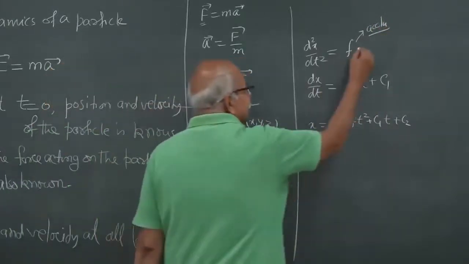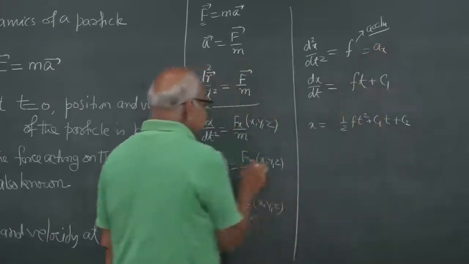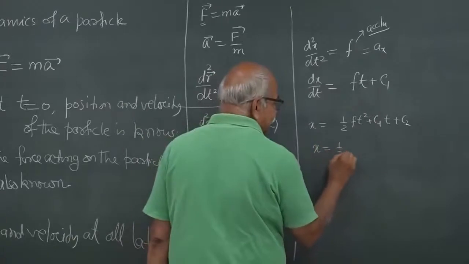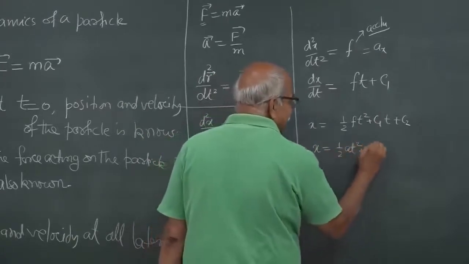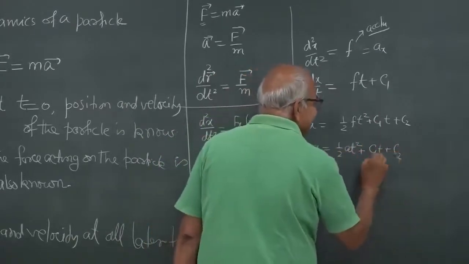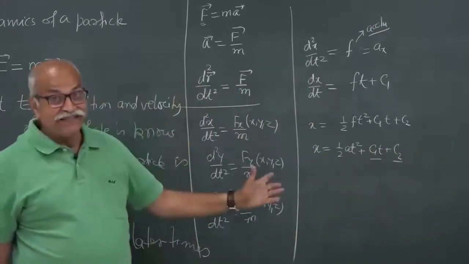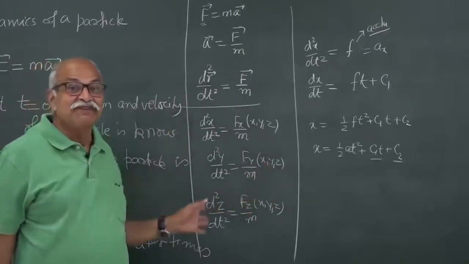So, if you write this Fx by m as ax, your x is equal to half a t square plus c1 t plus c2, and these two constants are not known as such with this much information.